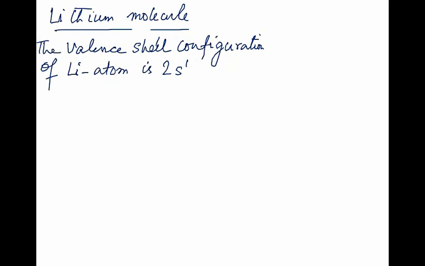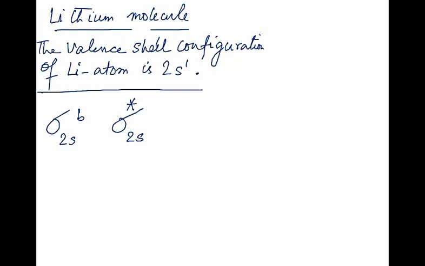Therefore the 2s orbital of one lithium atom can overlap with the 2s orbital of another lithium atom and give rise to two molecular orbitals. One will be sigma 2s bonding, another will be sigma 2s antibonding, represented by an asterisk or star.